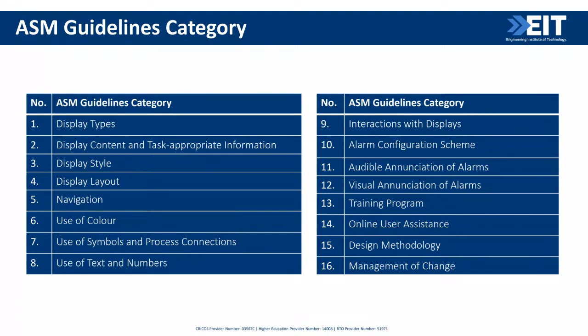And when you use these guidelines, it will help you, the designer, to achieve effective practice to build a SCADA display. So if I quickly go through these categories, starting from the display types, display content and task appropriate information, display style and layout, navigation, use of color, use of symbol and process connection, use of text and numbers.